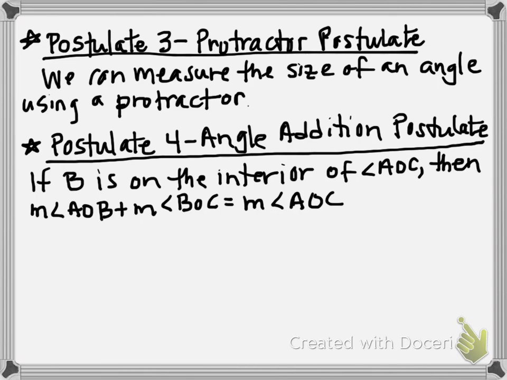And so I want to put a picture in here to illustrate this. Basically what it's saying, instead of that basic angle, we actually have an additional ray. So here's point A, point B, point C, and the vertex is O. B has to be between A and C. So basically what it's saying is this little angle plus this little angle together equal the entire angle. And that makes sense. The two angles are not overlapping, they butt up, they have a common side, and so that's perfectly acceptable.